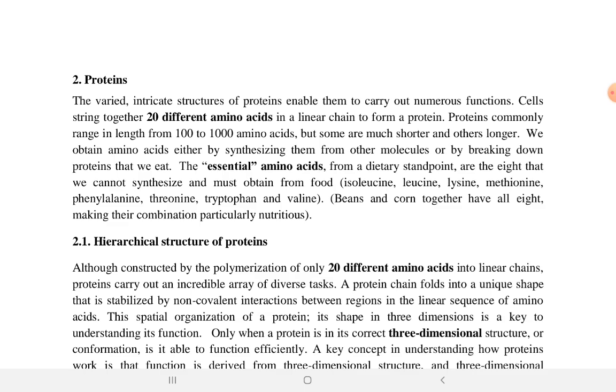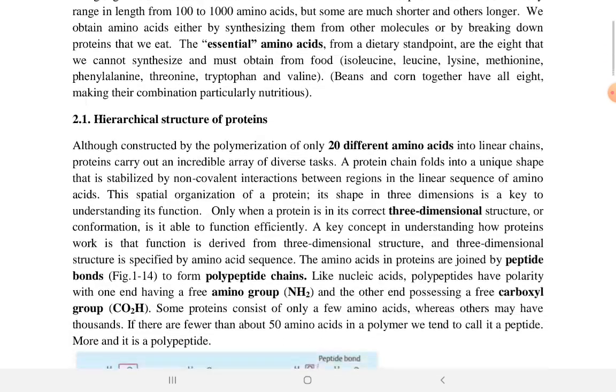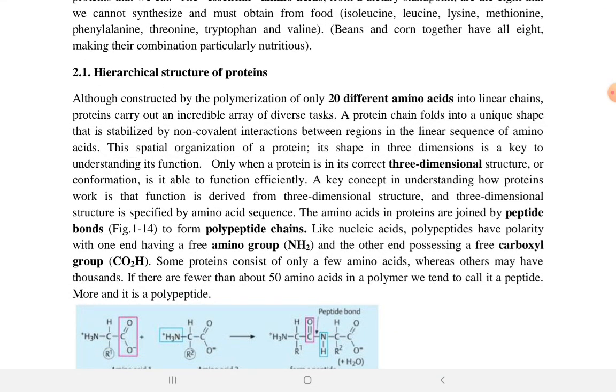This spatial organization, its shape in 3 dimensions, is the key to understanding its function. Only when a protein is in its correct 3-dimensional conformation is it able to function efficiently. A key concept is that function is derived from 3-dimensional structure, and 3-dimensional structure is specified by amino acid sequence.